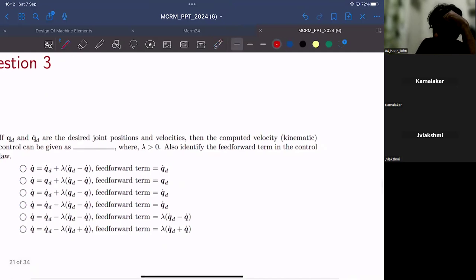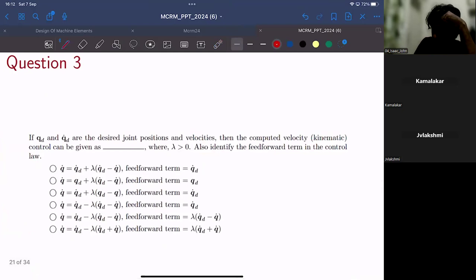So a computed velocity control should make the system behave as per this law: q tilde dot of t should be e raised to minus lambda t, right?